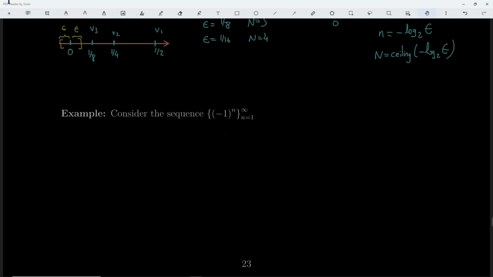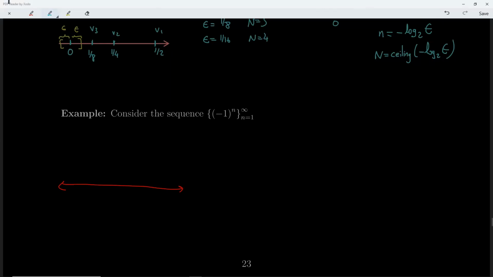So let's consider another sequence, which is not convergent, a divergent one. Let this be the real line, and I am considering the sequence minus 1 to the n over there.